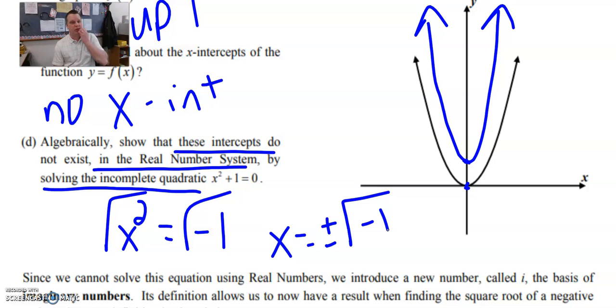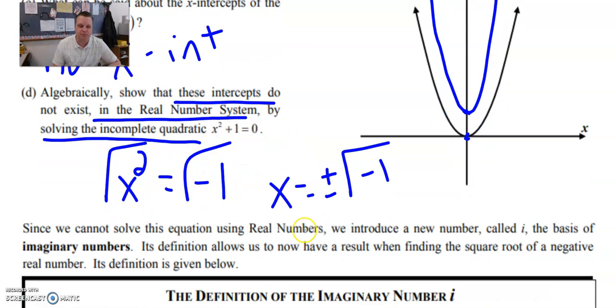You put in your calculator square root of negative 1. I don't know if it says error or imaginary. I'm not sure what it says in the newer calculators, but it doesn't exist in the real number system. And that only works if you do not have a b term, a bx, right? ax squared plus bx plus c. So if you just have an x squared, you can do that every time.